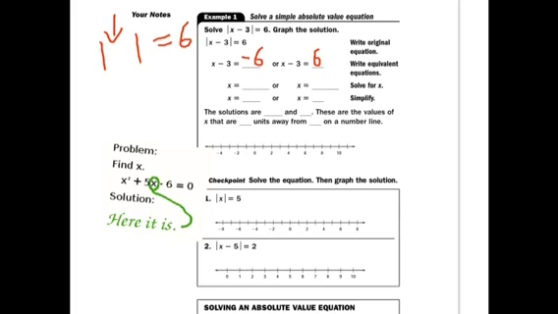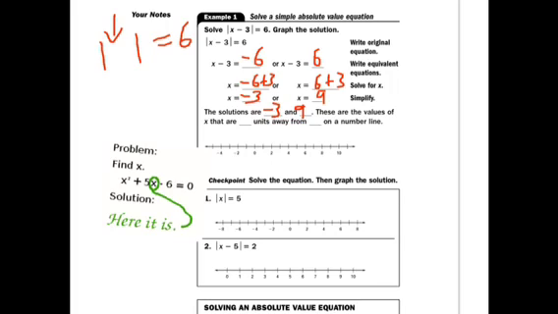If I added 3 to both sides on this one, negative 6 plus 3, then negative 3 would work. Or if I added 3 over here, I have 6 plus 3, and I end up with 9. So the solutions would be negative 3 and 9.